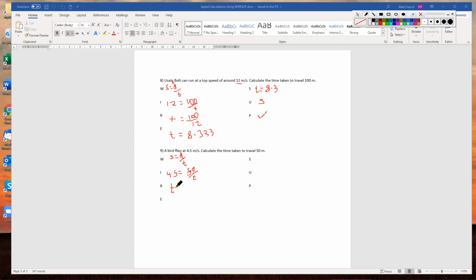We've got to rearrange, same pattern. We swap the t and the 4.5. So 50 divided by 4.5. We can get our calculator and work that one out. And we're going to get that the time is 11.1 recurring.